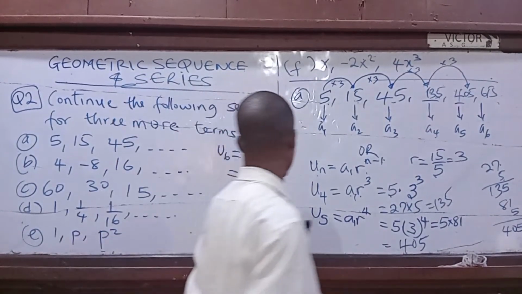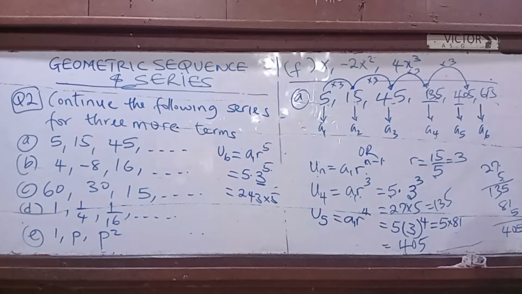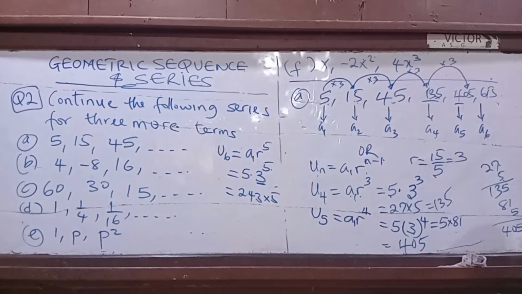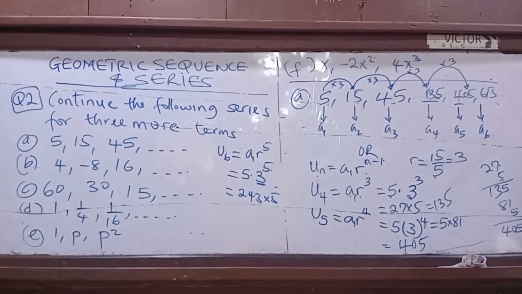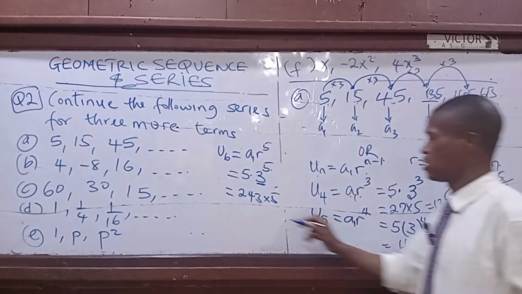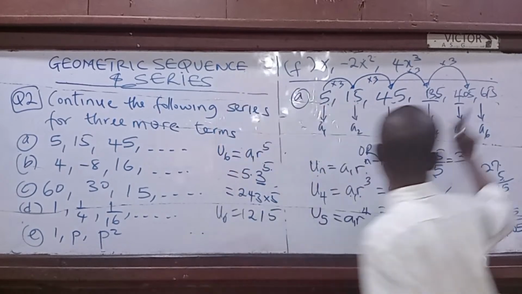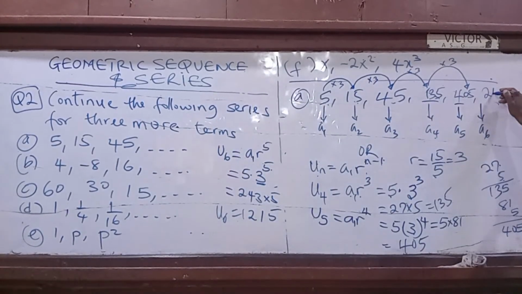Let's check that. 3 to the power 5 is 81 times 3, which is 243. So 243 times 5 is 1,215 for this u6.